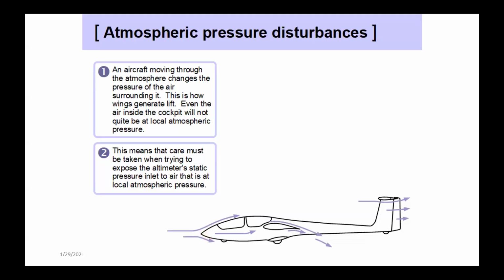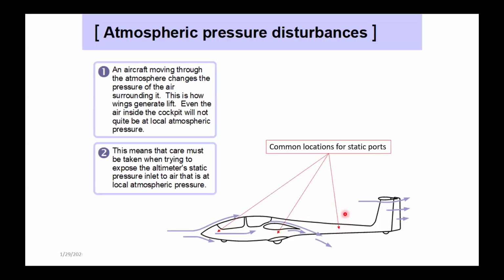It might be back a little bit. Common locations for the static ports: Schempp for a long time and LS for a long time put static ports up here just at the front edge of the canopy. Schempp used to use static ports underneath the wing.